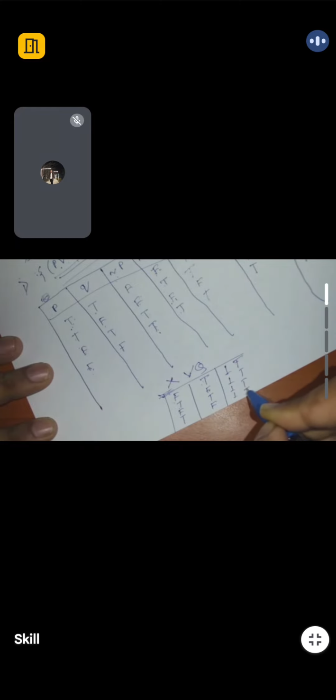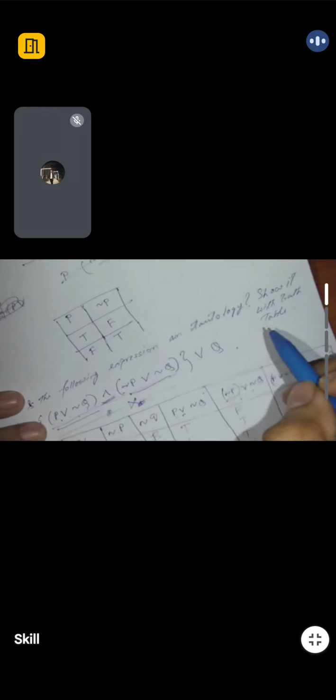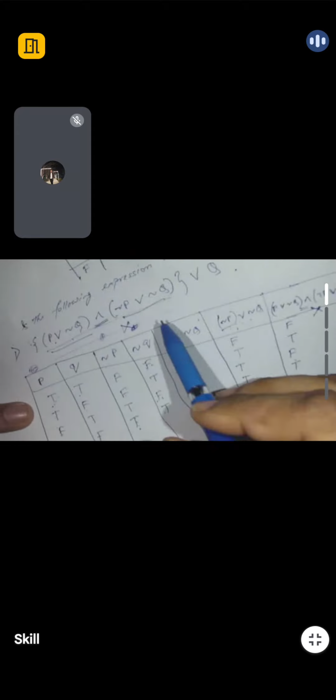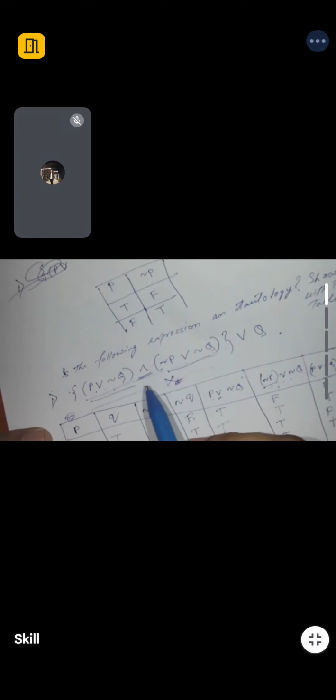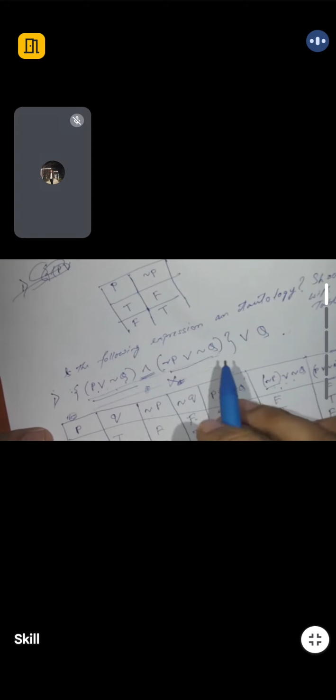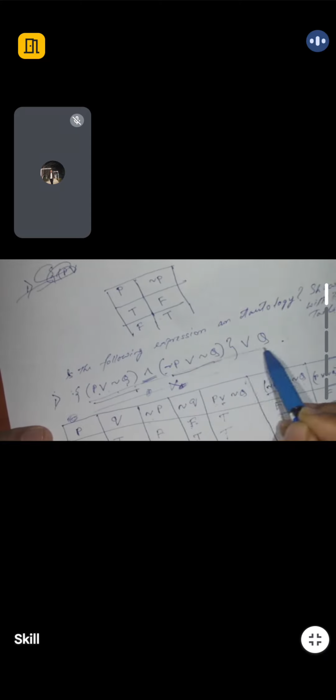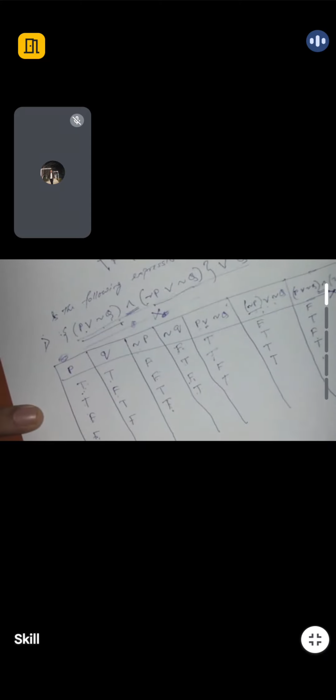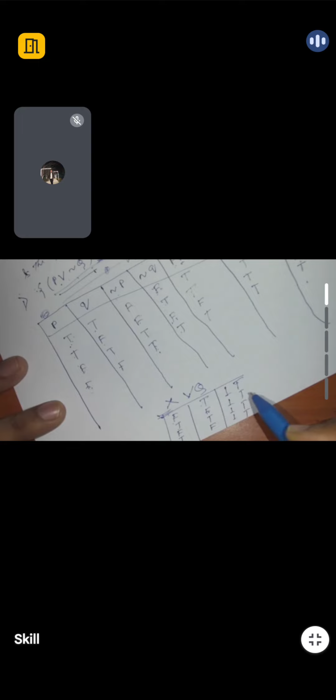Now you see the utmost right side of the truth table. All the values will be true, or we can call it 1. True or 1, same thing. But if you write false, true, don't write 1 here.